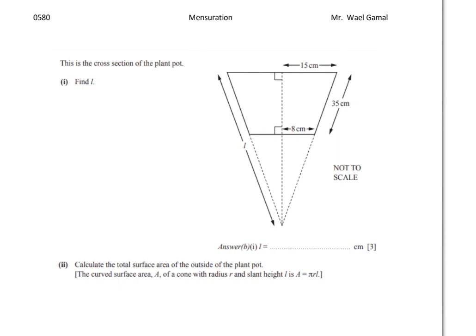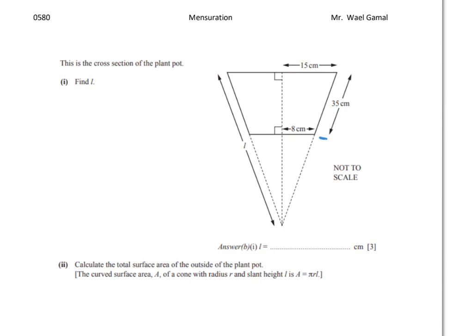So we have two similar triangles, this one and the bigger one. 8 divided by 15 equals the hypotenuse of the smaller triangle over the hypotenuse of the larger one. This one is L, and this is 35, so this side is L minus 35.